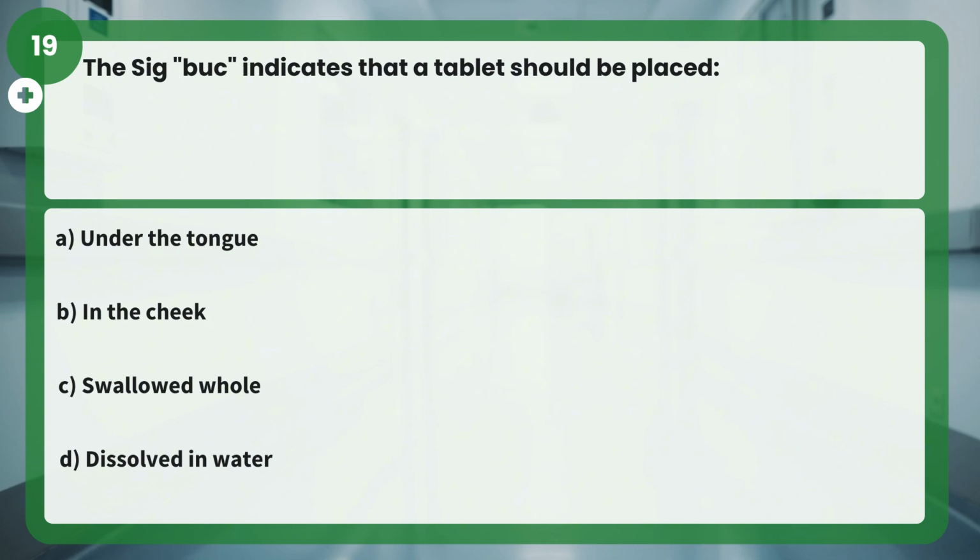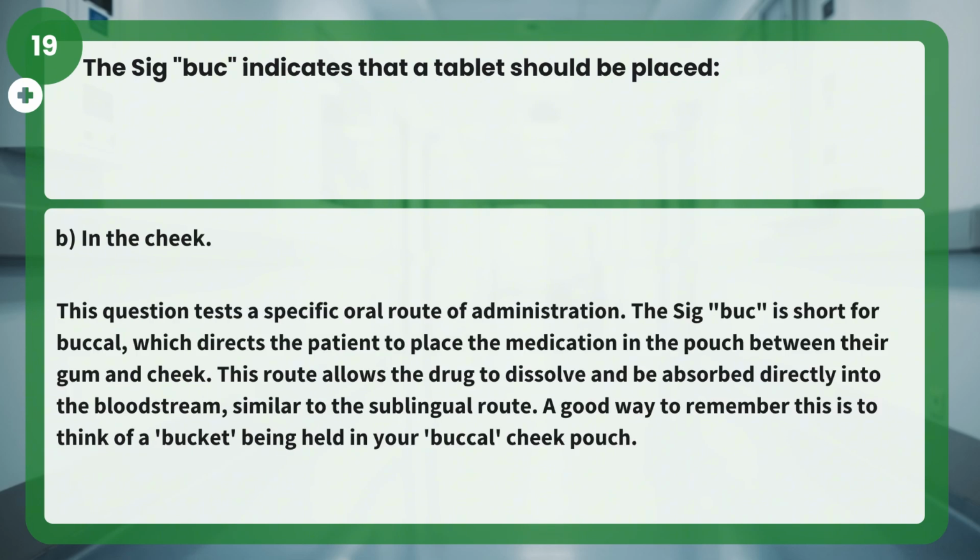Question 19. The SIG buc indicates that a tablet should be placed: A. Under the tongue. B. In the cheek. C. Swallowed whole. D. Dissolved in water. Answer: B. In the cheek. This question tests a specific oral route of administration.